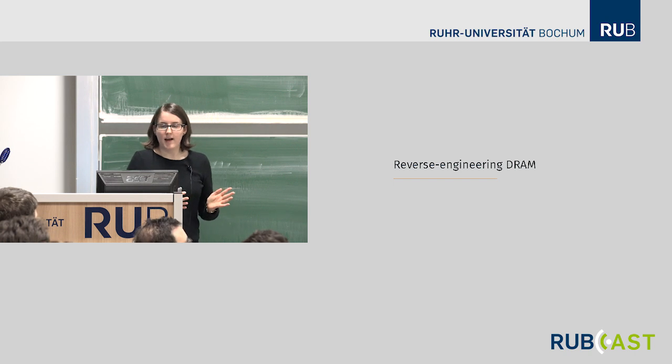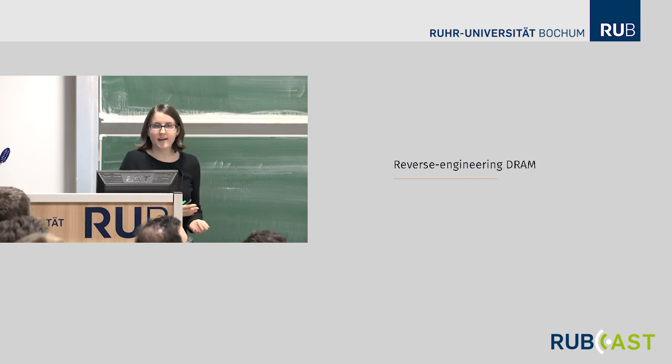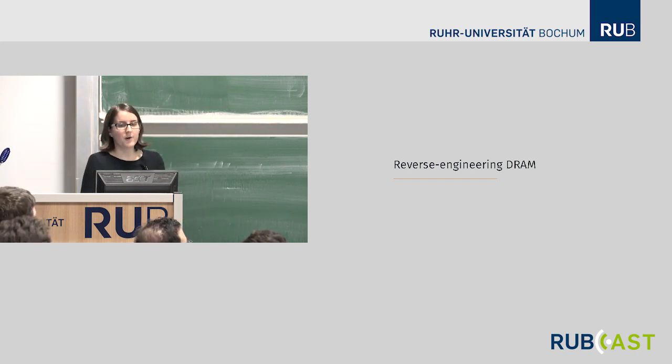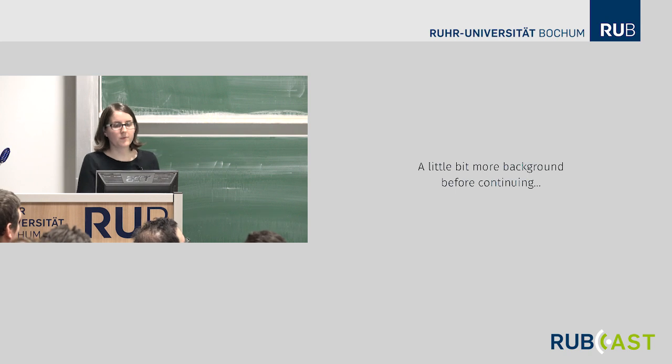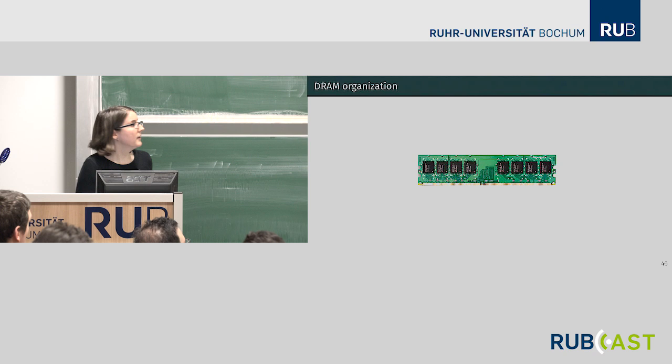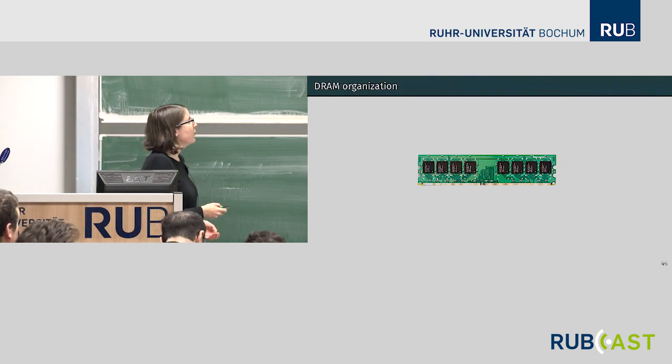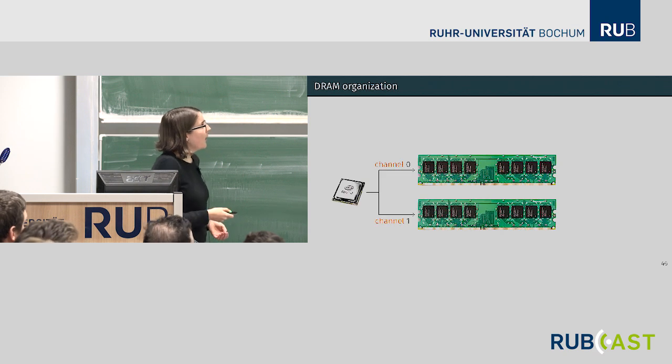Okay. After CPU, I'd like to talk to you about reverse engineering the DRAM addressing. So again, a bit more background before continuing, because that's quite different from the caches. So you've probably all seen this. So this is a DRAM module. You can have several DRAM modules, of course, in your computer.